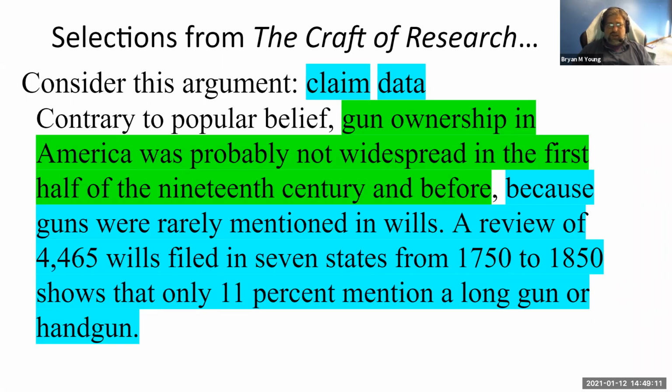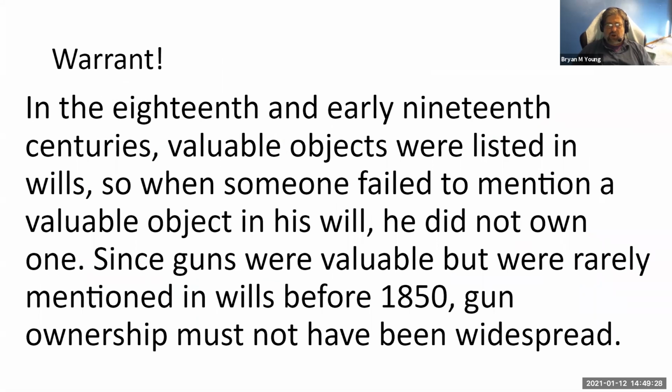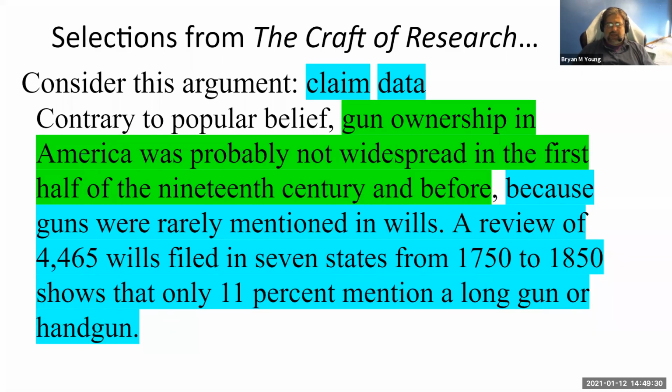In this one, I highlighted the claim in green and the data in blue. But what's the connection? Well, here's the warrant. Here's where they explain what gun ownership has to do with wills.